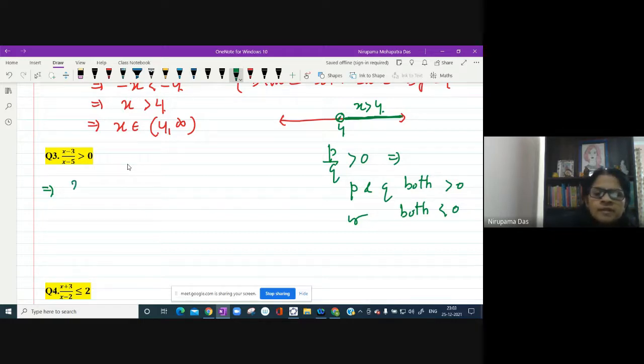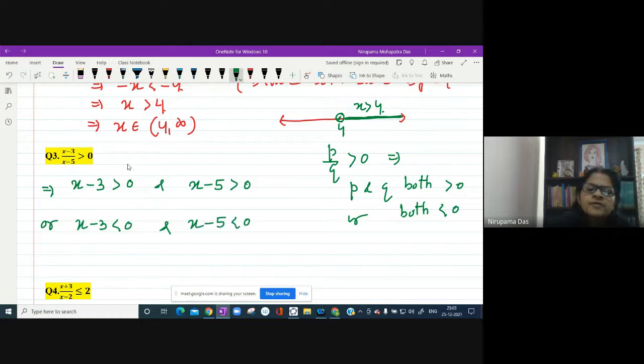So this implies x minus 3 greater than 0 and x minus 5 greater than 0, or x minus 3 less than 0 and x minus 5 less than 0, both positive or both negative. Then only the rational number will be greater than 0.